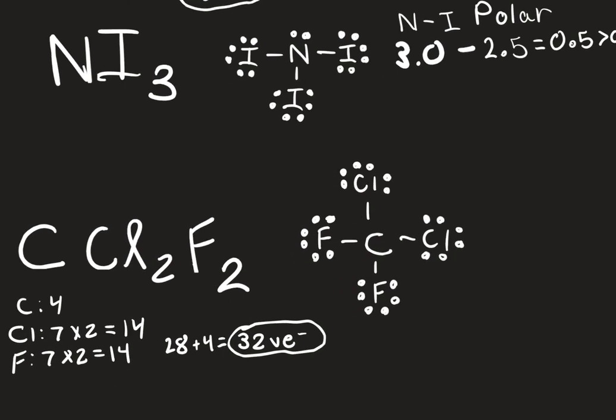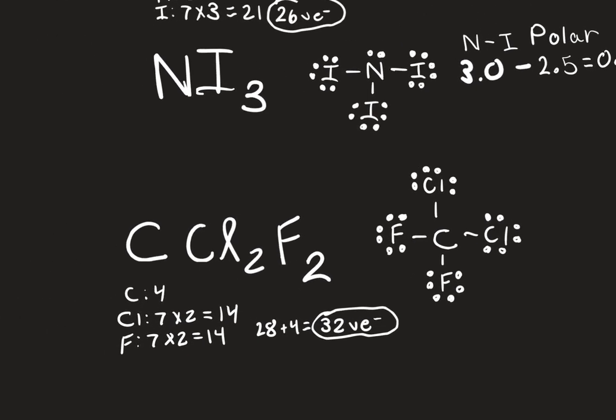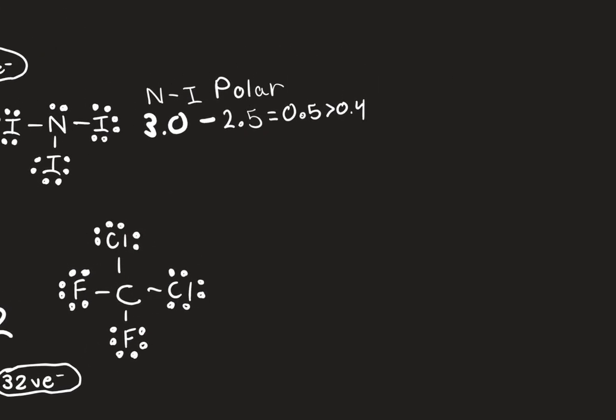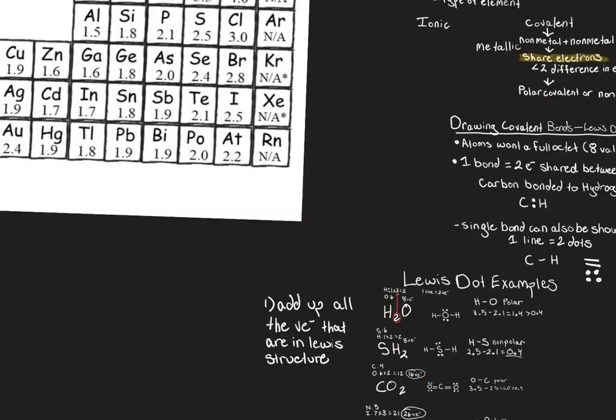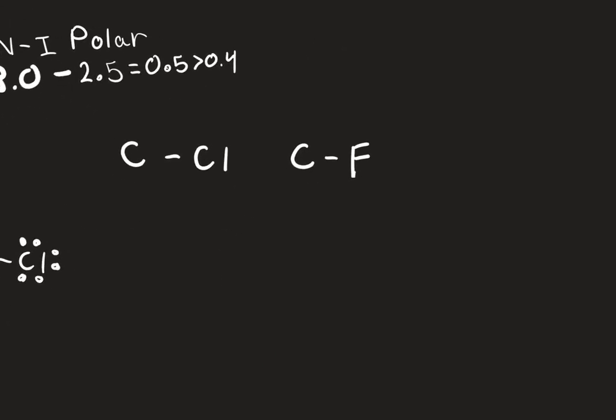Okay, lastly, we have CCl2F2. Now we have two different bonds. We have a carbon to chlorine and a carbon to fluorine, okay? We're not going to add these differences together. We are just going to look at each of these bonds separately on their own. Carbon has a value of 2.5, chlorine has a value of 3. So 3 minus 2.5 equals 0.5. So this is a polar bond.